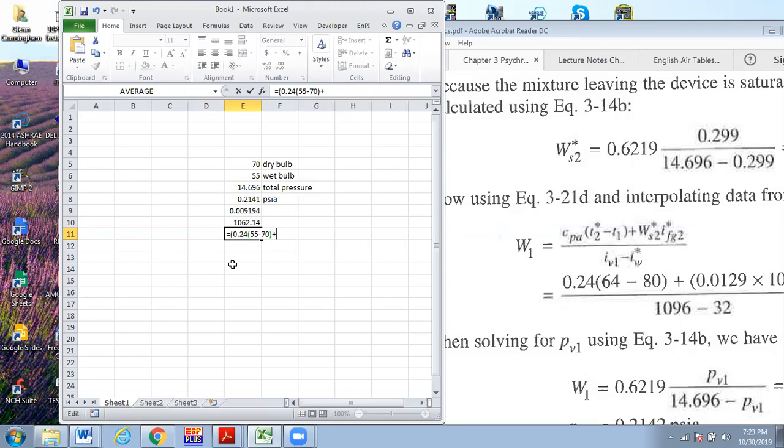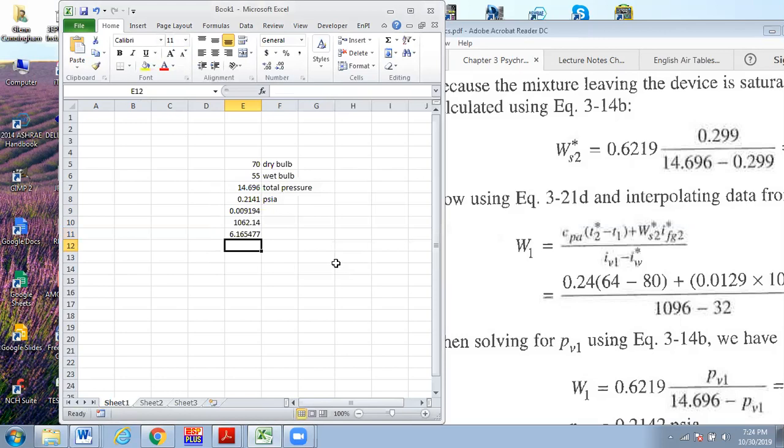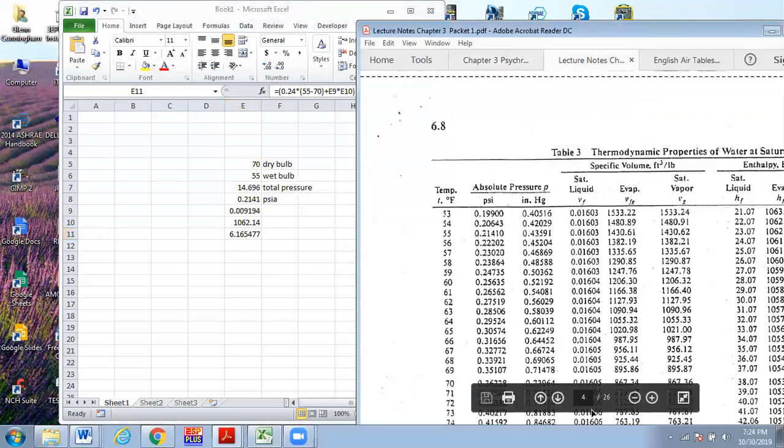Plus, so it's the W times this, close, and now we need two more enthalpies. Oh, don't give me that. I just screwed up my parentheses. Yeah, that's okay. Okay, so now we got to go back here one more time.